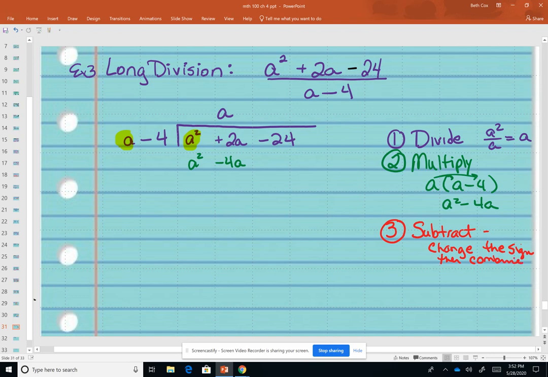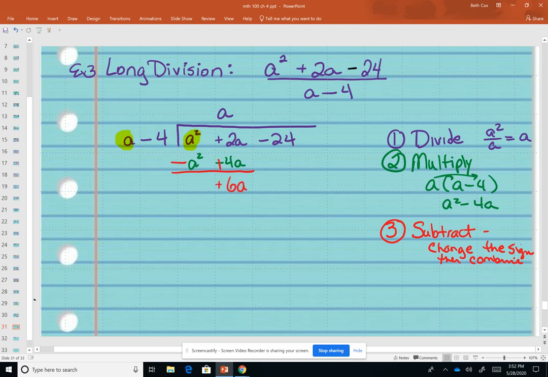Okay, so now I'm doing it in red because this is the part that everybody struggles with. I am going to change the signs, and then I'm going to combine these. Combine means add or subtract based on the numbers. And so I have a 2a plus 4a, so this is a positive 6a.